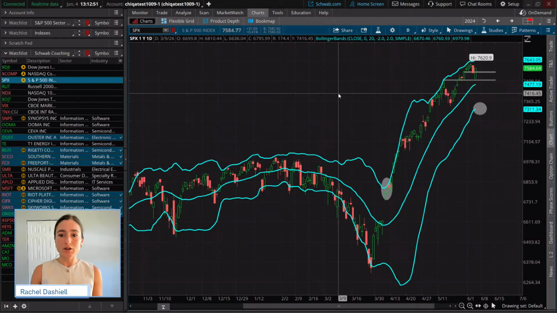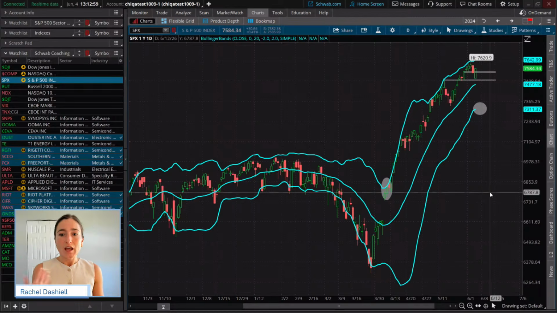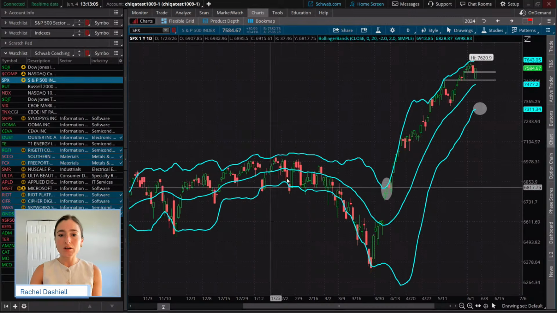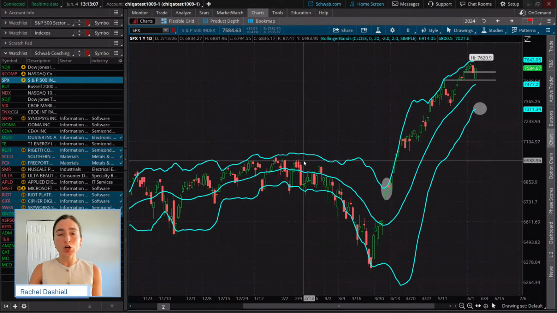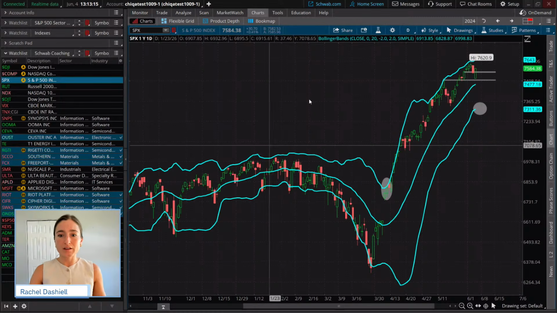We want to make sure if they break to the upside, the Bollinger Bands have already shown a little bit of curve to the upside. That slope is up. And then if we are looking for a break to the downside, possibly after a consolidation like we saw here, we want to see those bands curving to the downside, showing us that that trend is in fact changing, for us to capture that kind of tail event in that case.